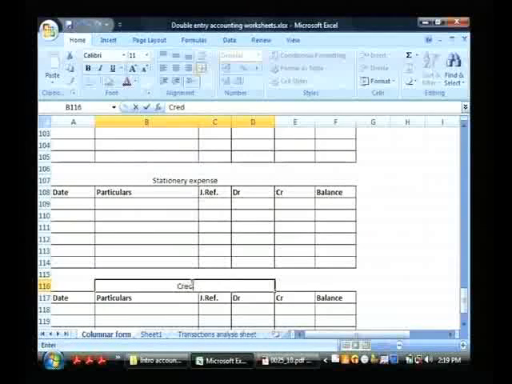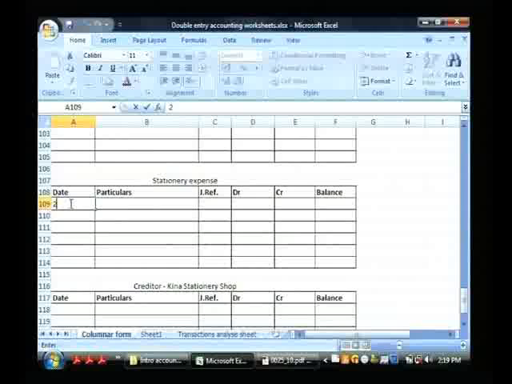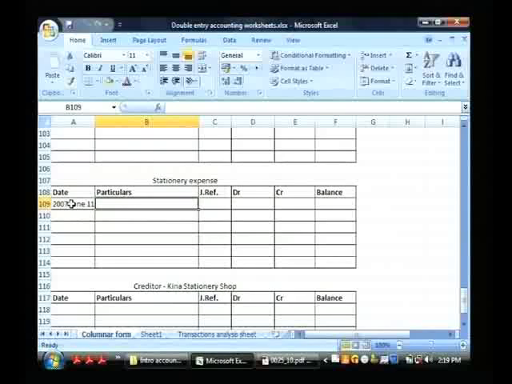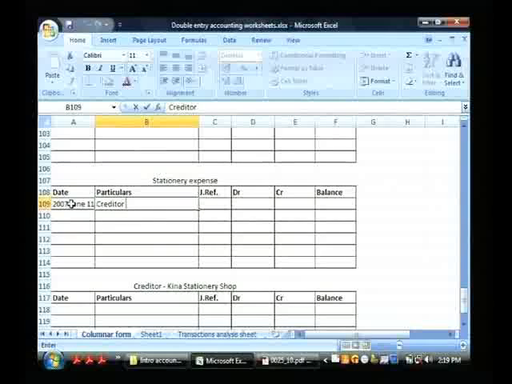Creditor's name is given, that is Kina Stationery Shop. Stationery account debit, creditor Kina Stationery Shop, debit 50, balance also 50.